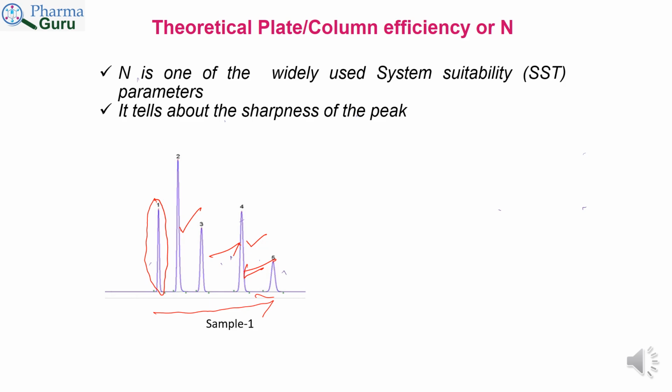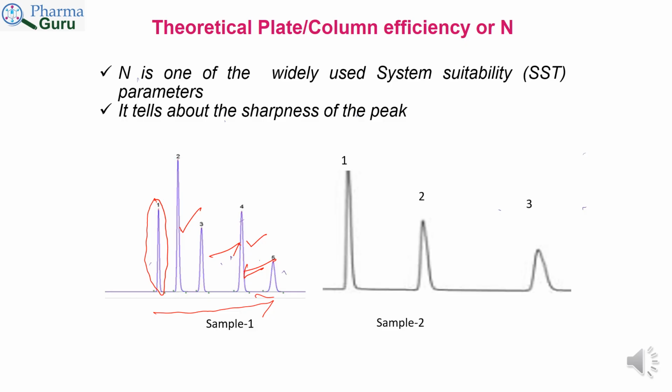Then what will happen if sharpness decreases? Column efficiency will decrease, and hence the column will not be able to separate more components. If theoretical plate or column efficiency is high, like 10,000 or 50,000, it means this column can separate multiple components in a single run.